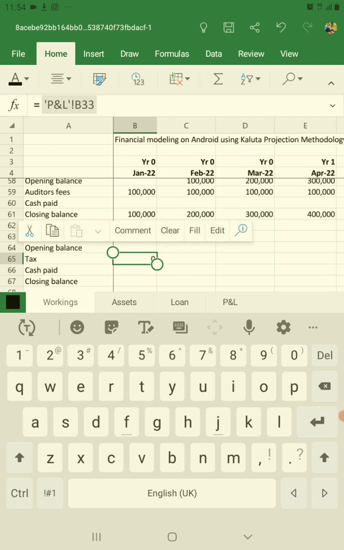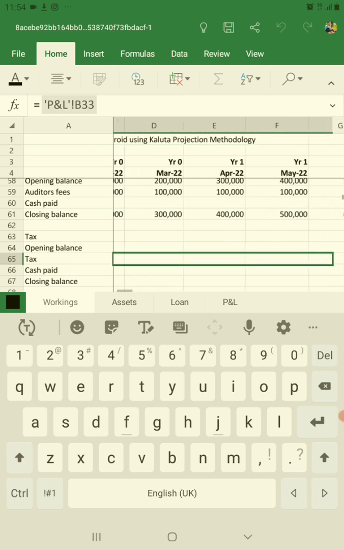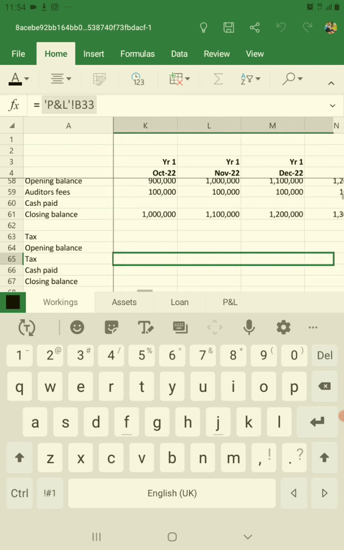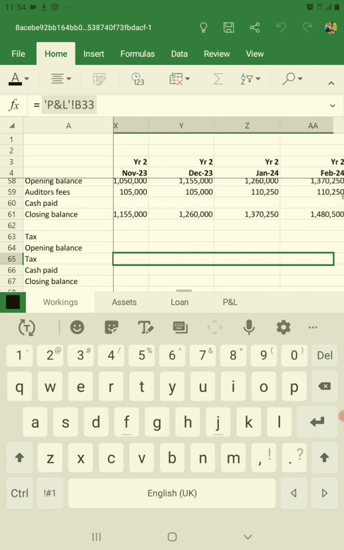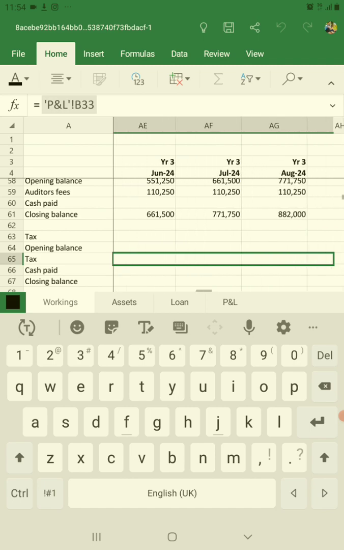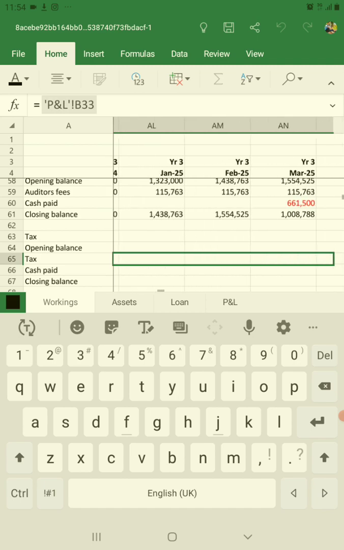So I tap to fill this because it is true throughout the planning horizon. That is the tax expense component that is accrued on a monthly basis in the profit and loss statement.